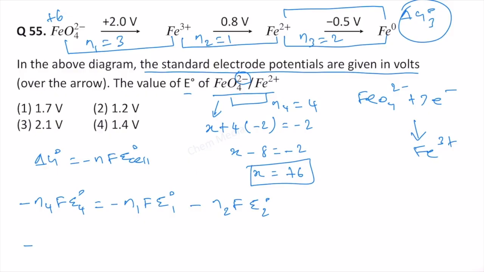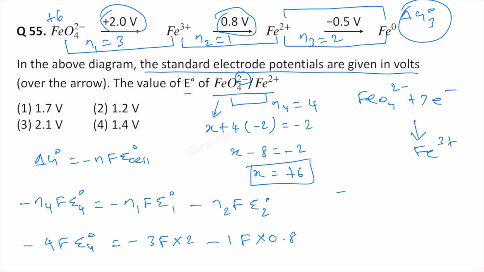Therefore, n4 value is 4, because it requires 4 moles of electrons, times F times E4 standard is equal to minus 3 times F times E1 standard value, which is given as 2 volts, therefore times 2, minus n2 value is 1 times F, E2 standard value is given as 0.8 volts, therefore times 0.8.